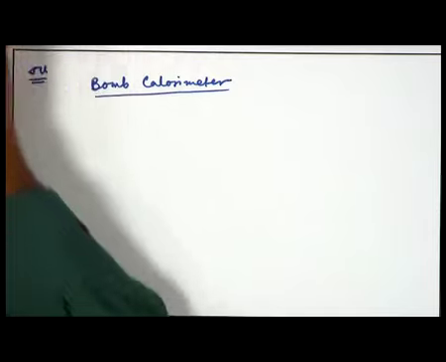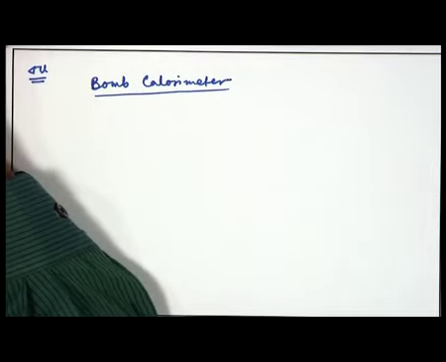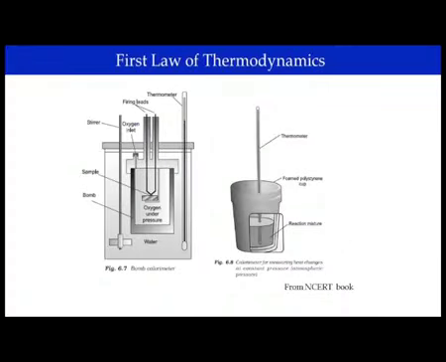And I have taken the picture from your textbook, and if you look at this picture, this is a bomb calorimeter. Here, this is a steel vessel. So, volume is fixed, not expandable, and the sample is kept within the vessel.